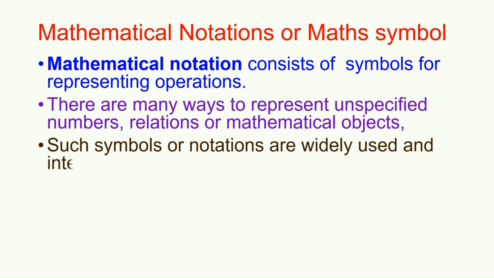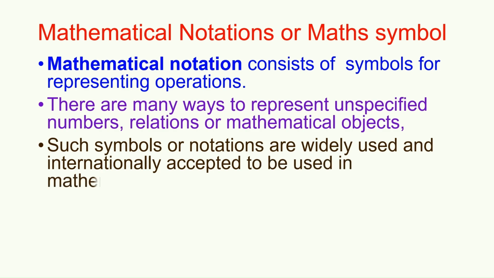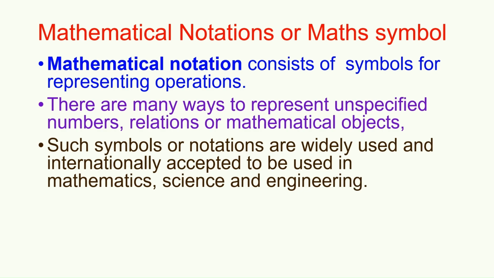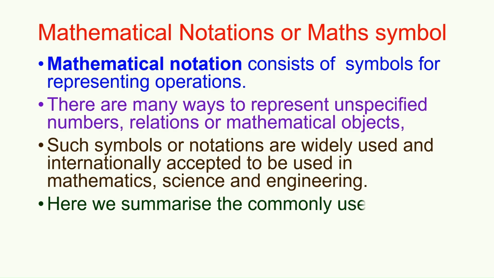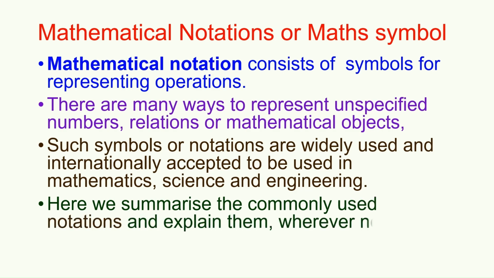Such symbols or notations are widely used and internationally accepted in mathematics, science, and engineering. Here, we summarize the commonly used notations and explain them wherever necessary in this video.